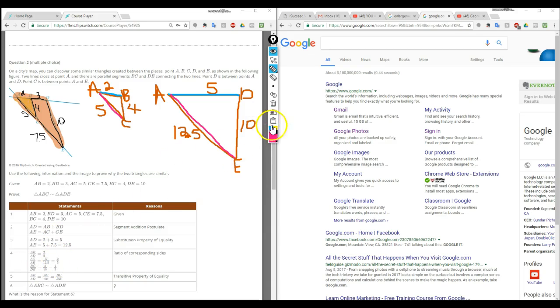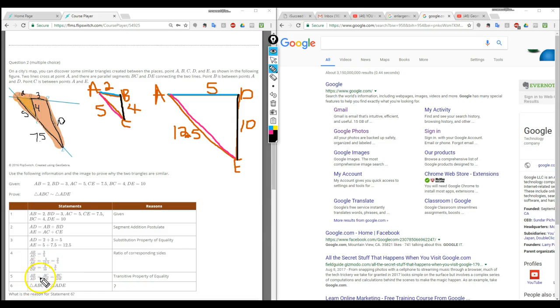And the other corresponding side is B to C, and D to E. So the ratios of the corresponding sides are all the same, which is what this is stating.